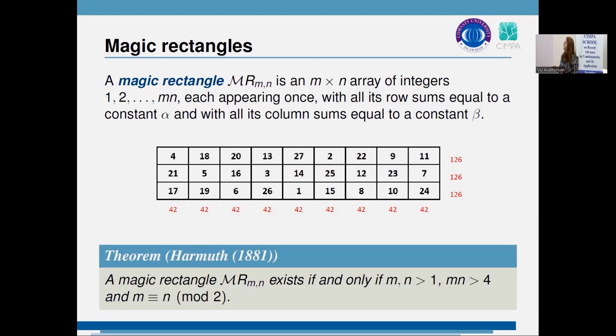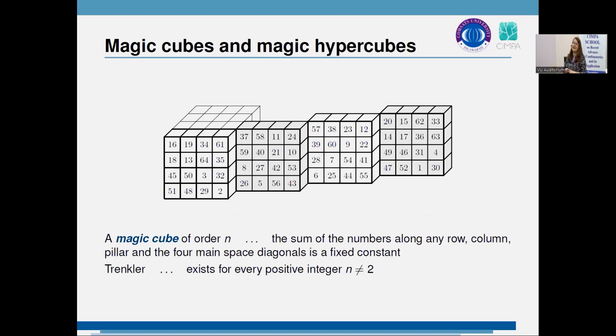Okay. And now another natural extension is that if we have a magic square, it is possible to have magic cubes or magic hypercubes. So what is a magic cube? Here we have an example of a magic cube of order 4. A magic cube of order n is an array 3 times 3 times 3, 4 times 4 times 4, or in general n times n times n.